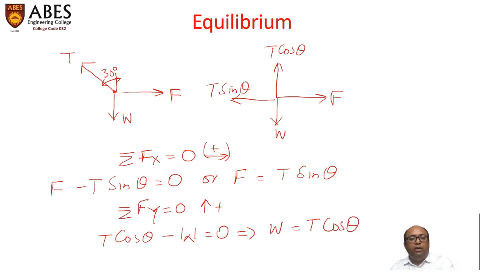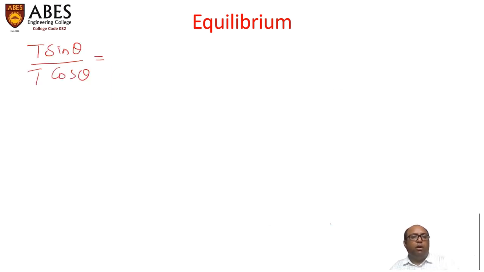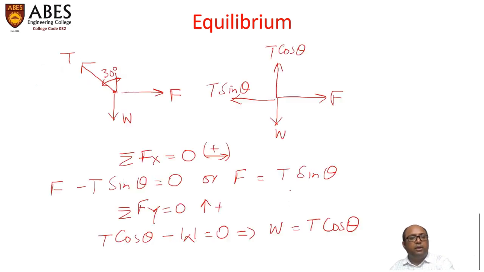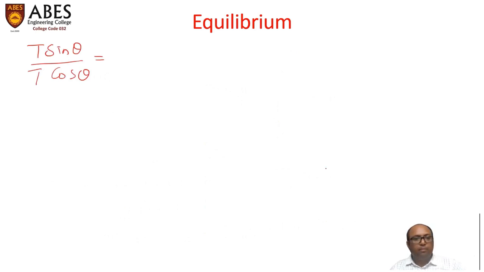If we divide these two equations, dividing the first by the second, what will we get? T sine theta is F, divided by T cos theta is W. From here you can easily see F can be written as W tan theta.